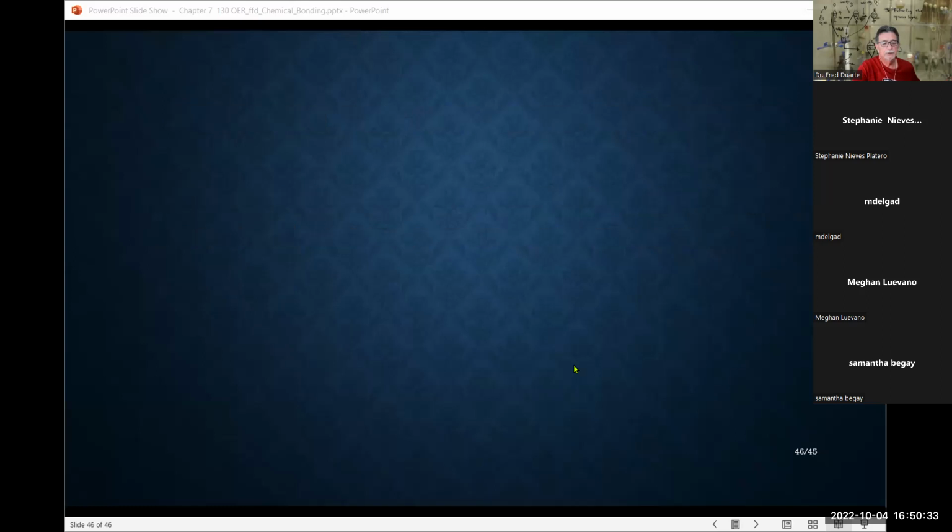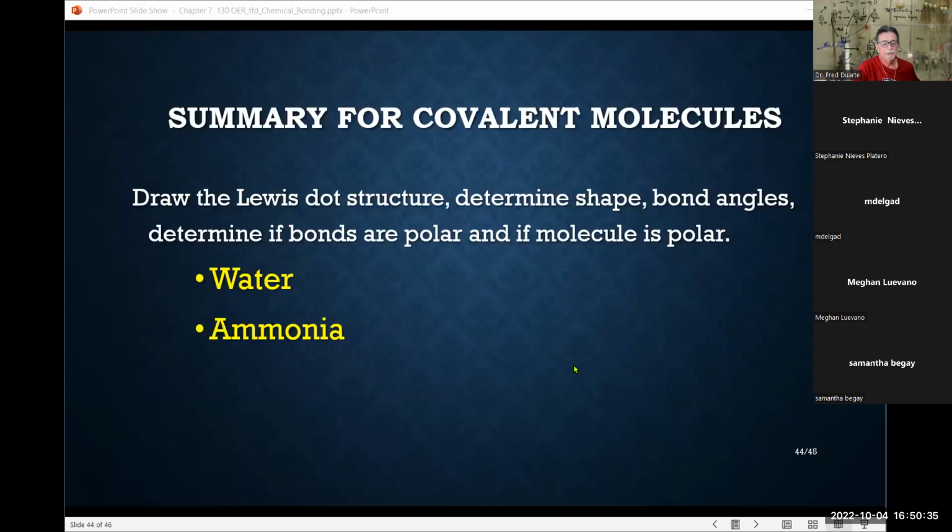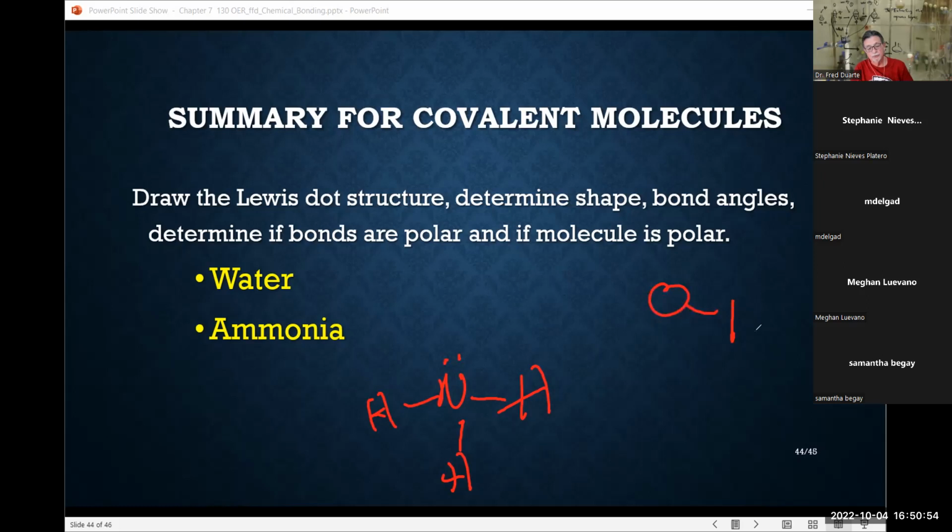So you might want to do the ammonia. We did talk about the water, and we talked about ammonia. To refresh your memory, ammonia has 3 hydrogens with a lone pair. Water had 2 lone pairs.